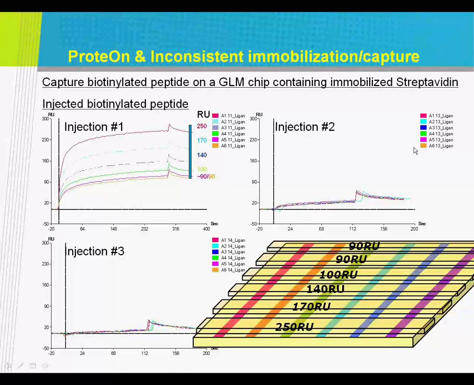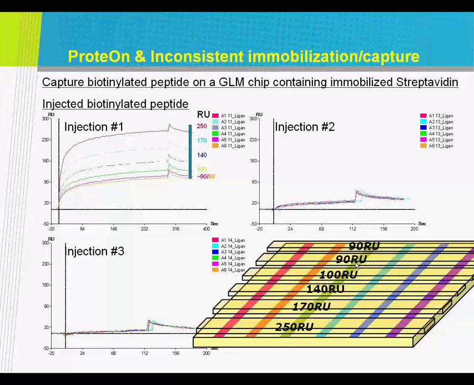So one way around it is to fit it with a global Ka and Kd, that is, Ka and Kd constrained for all the curves, and fit each curve with a local Rmax. And this shows you the result. Your software will predict that your Rmax is different, which follows what we saw when we immobilized, that is, one spot has higher maximal binding capacity than the next, and so on.